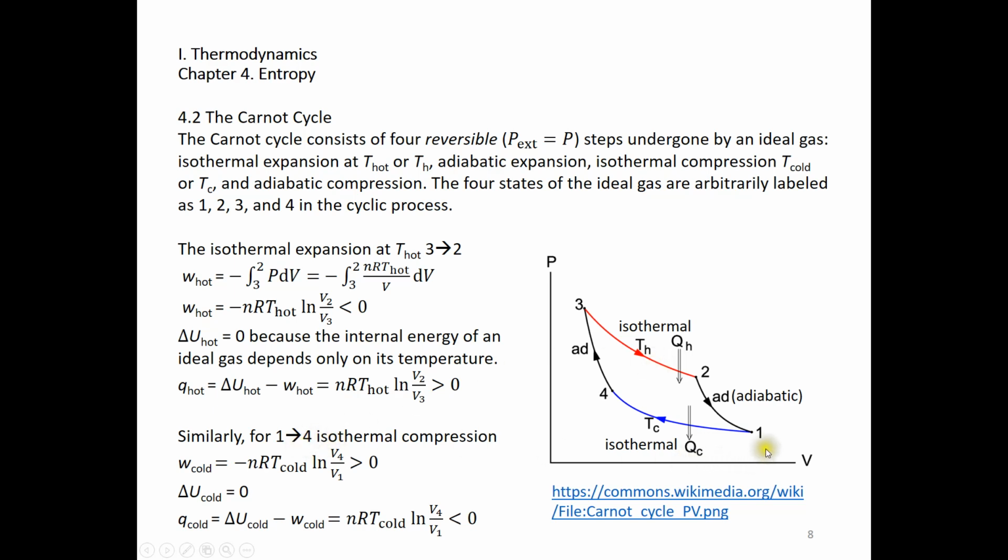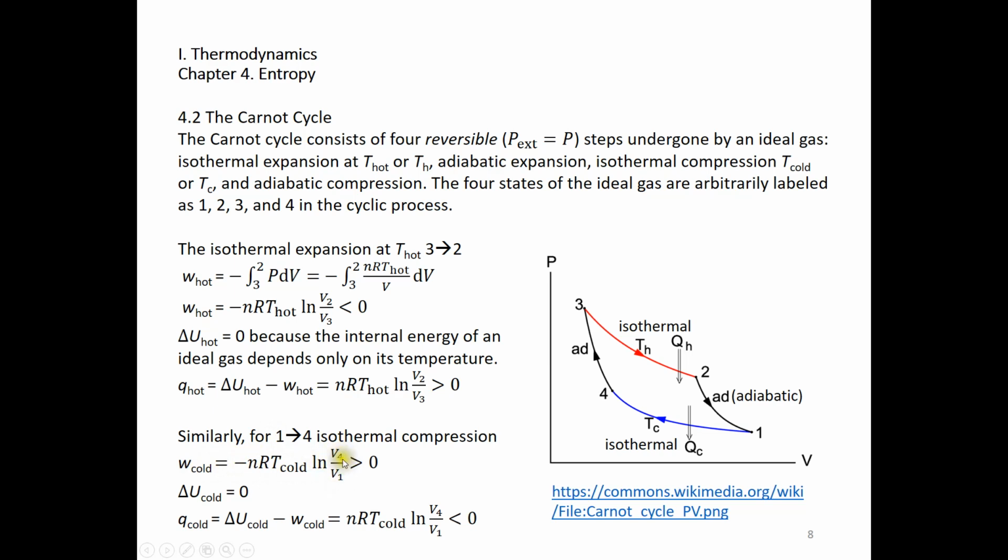And similarly, if we look at this step from 1 to 4, it's also isothermal. It also involves ideal gas. It's just this process is compression at a lower temperature. Using similar derivation, we have W cold, which is negative nRT cold, times the natural logarithm of V4 over V1.